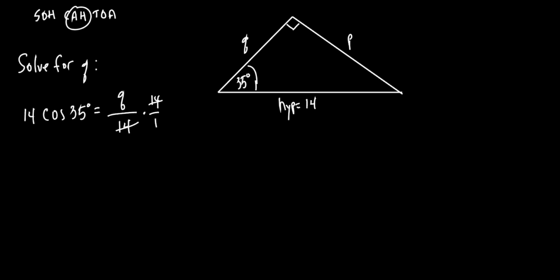I would hit 35, and then what would you do? I want to find the cosine of 35. So I hit 35 first, then I hit cosine, and that gives you a decimal number. Then you take that number, multiply it by 14, hit equals, and you'll get an answer.